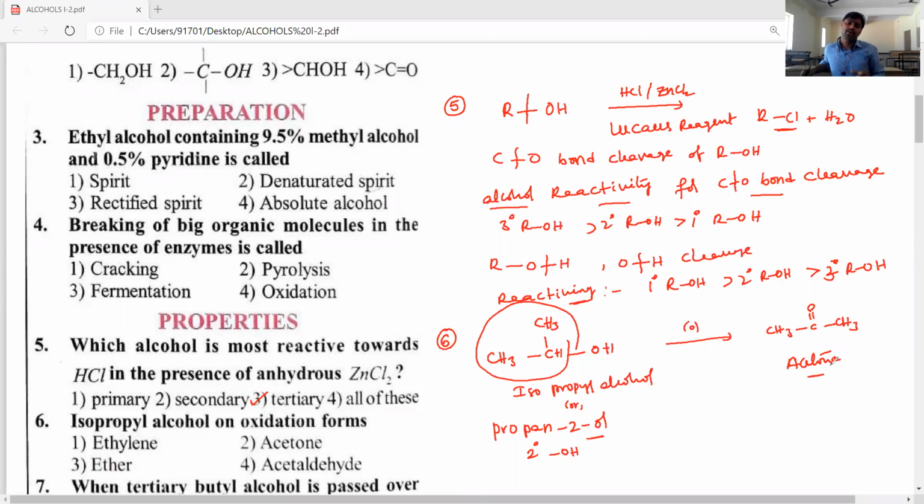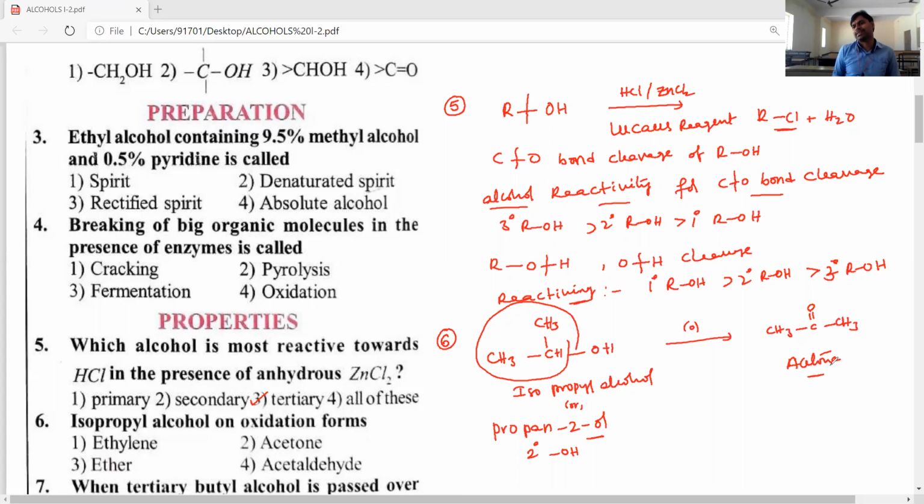What are the important mild oxidizing agents? PCC or PDC, MnO2, and another important mild oxidizing agent is CAN, ceric ammonium nitrate. When these mild oxidizing agents are present, primary alcohols are converted into aldehydes and secondary alcohols into ketones.